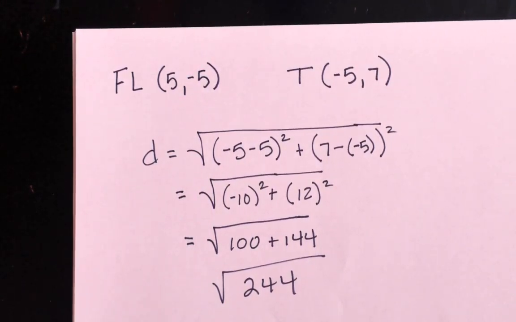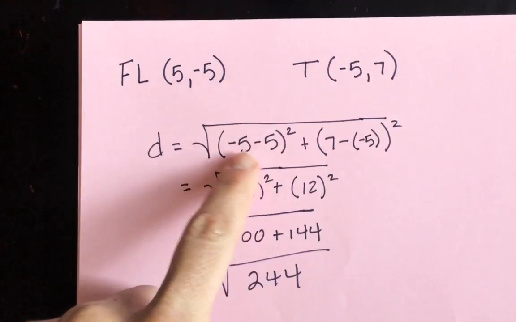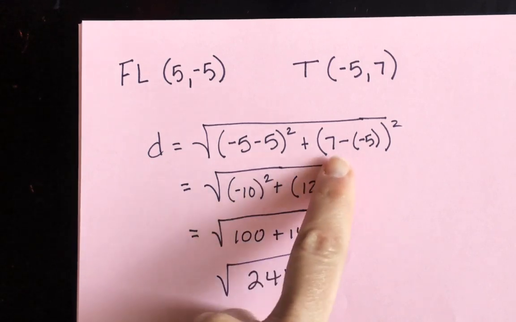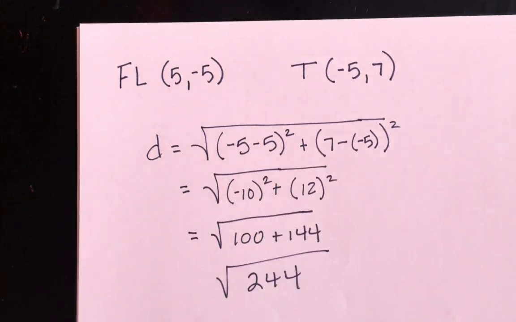Sorry, I'm counting again. 1, 2, 3, 4, 5, 6, 7. I'm curious, because let's see here. -5 minus 5 is -10 squared. 7 plus 5 is 12 squared, 144.